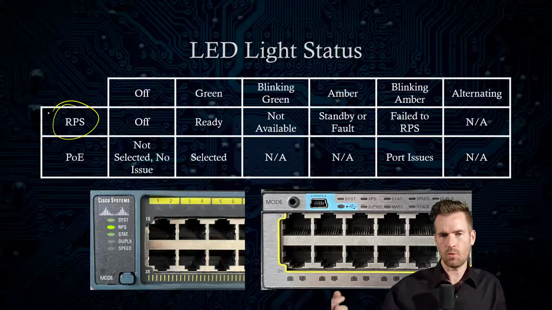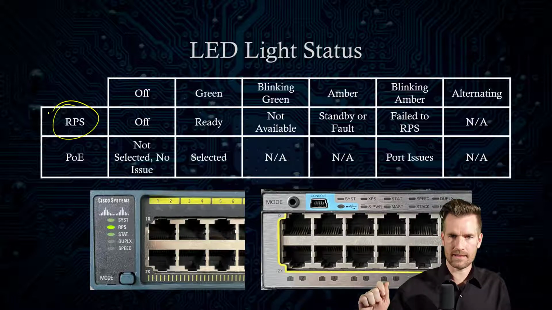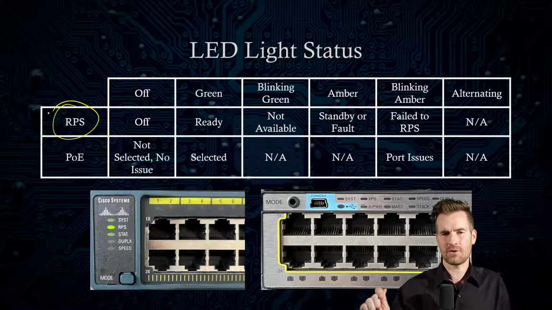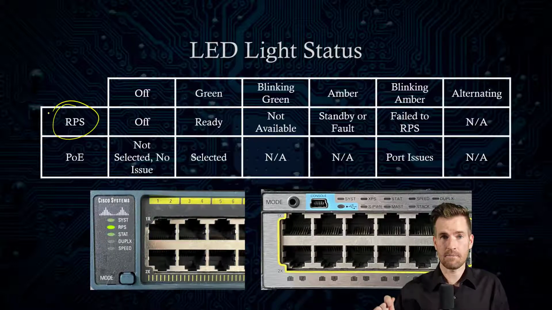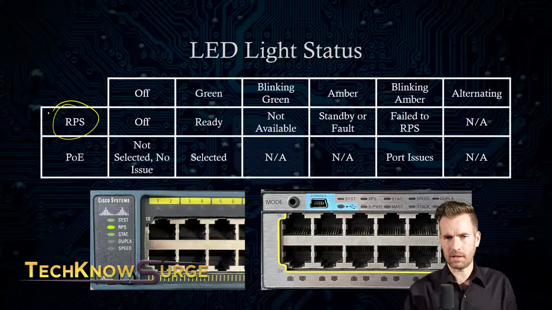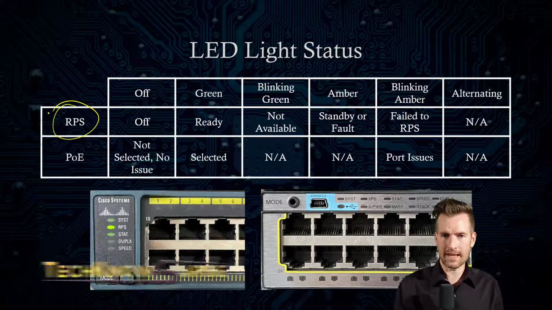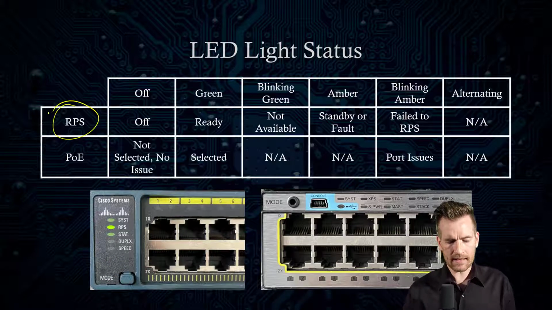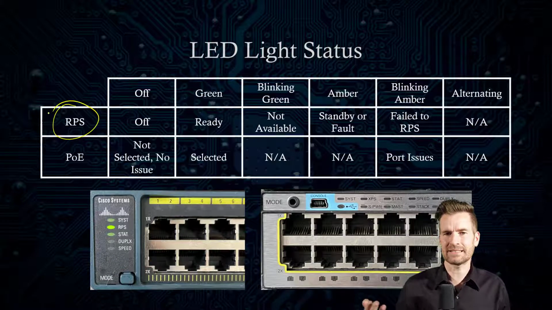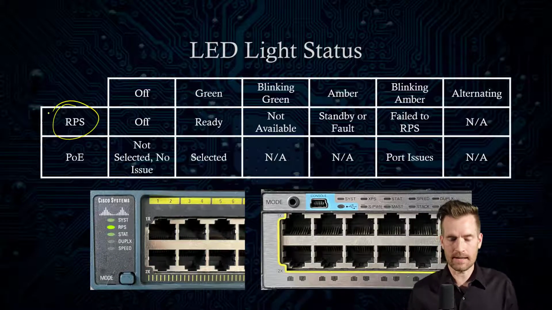You've got the regular kind of connector that possibly uses the same type of plug-in as a computer or a monitor would use. And then you've got the other little plug that says DC power on it, and that is a redundant power supply. So this LED indicator right here tells us the status of that redundant power supply.